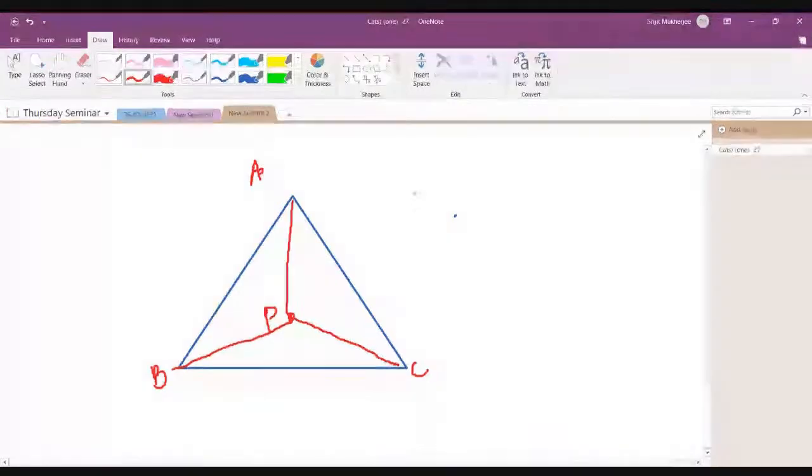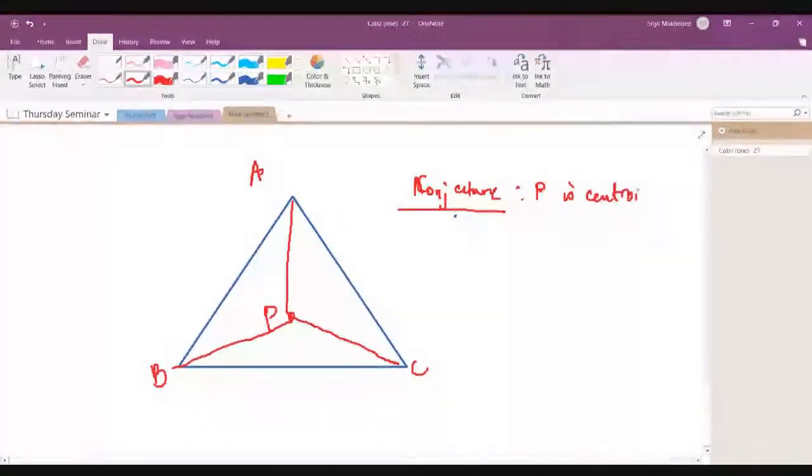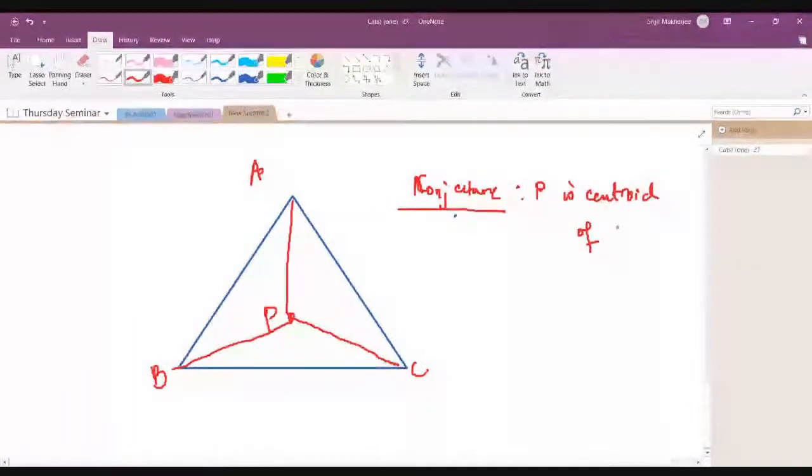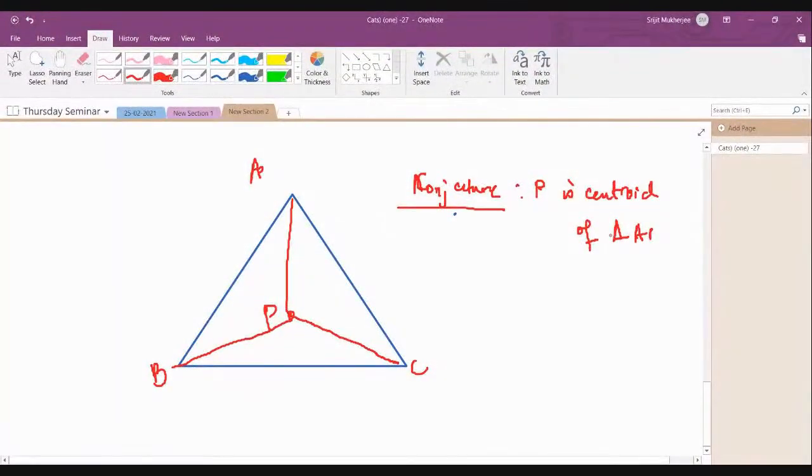Now my conjecture is that P is the centroid of triangle ABC. Is it true or not?